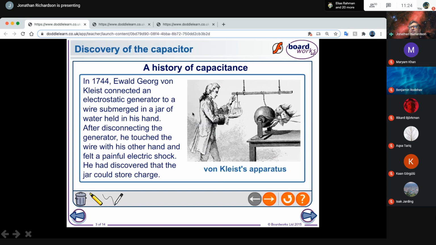And indeed, when he came to look at the charge, he found that even after the charge generator was detached or disconnected, he was still able to get a charge and got an electric shock. He had discovered that the jar could store charge. Now, how did that work?